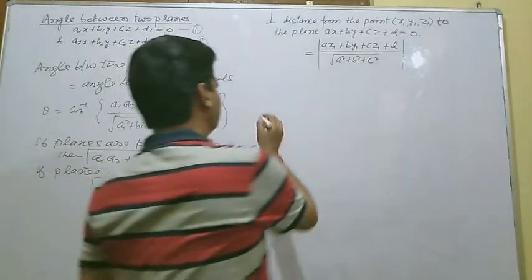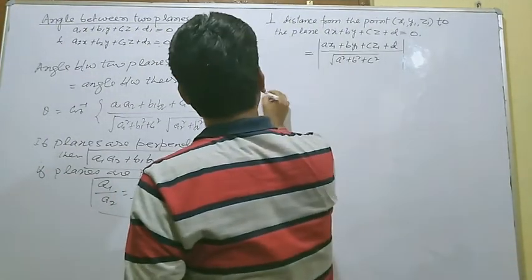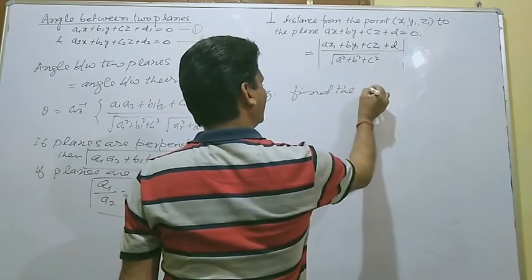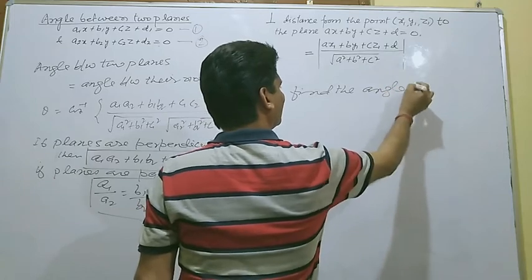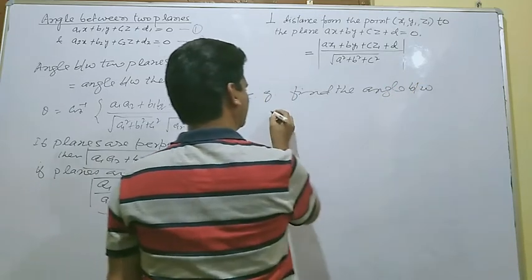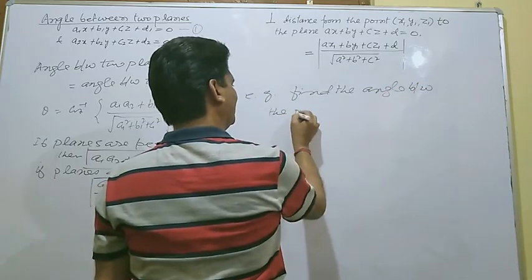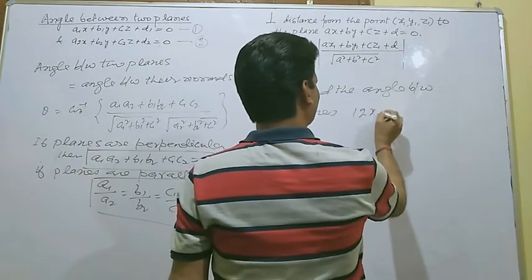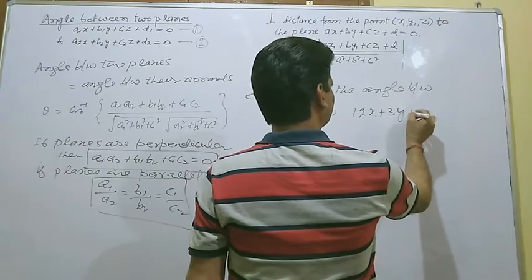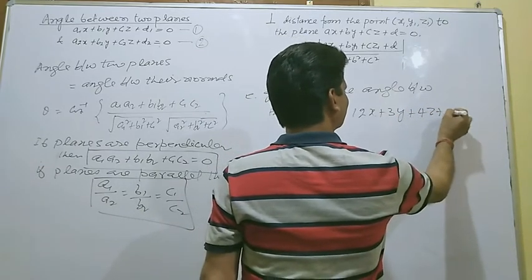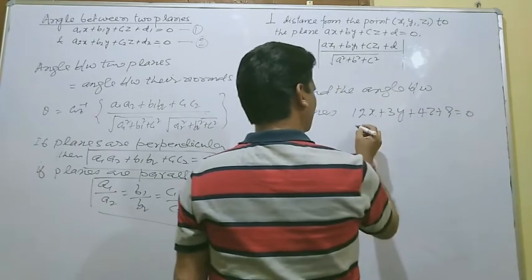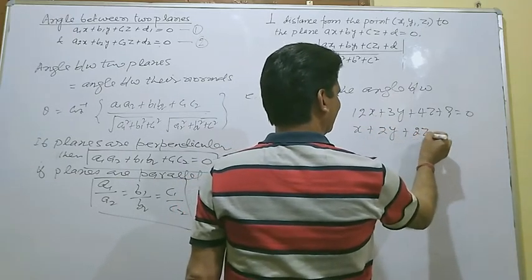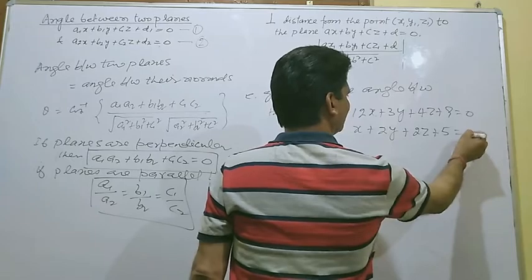For example, find the angle between the planes 12x plus 3y plus 4z plus 9 equal to 0 and x plus 2y plus 2z plus 5 equal to 0.